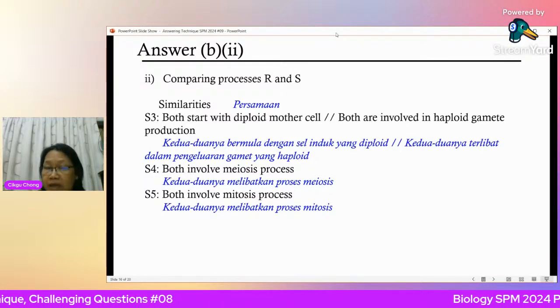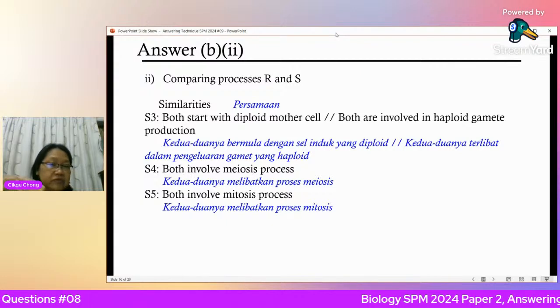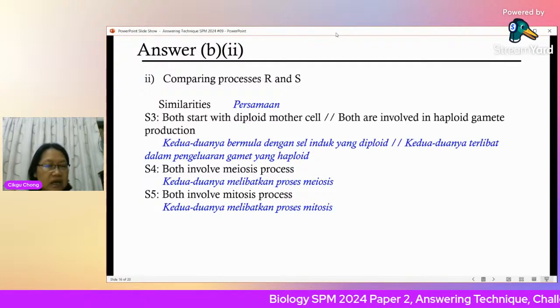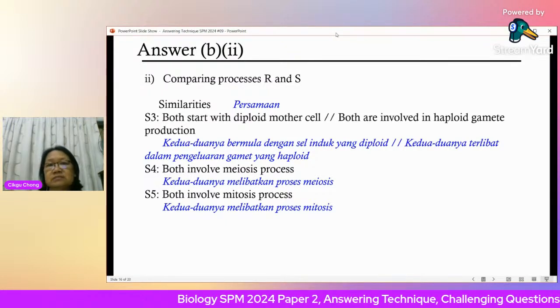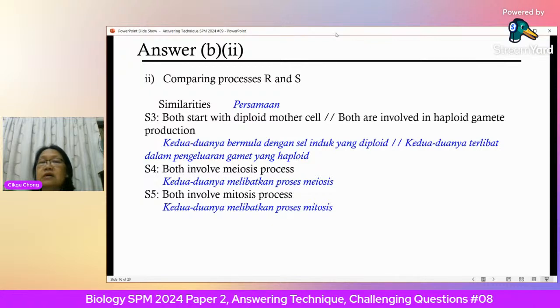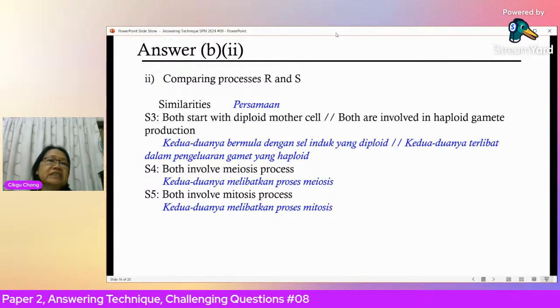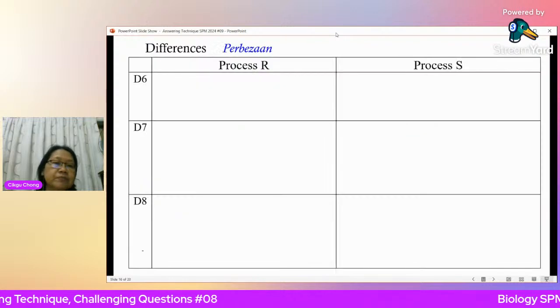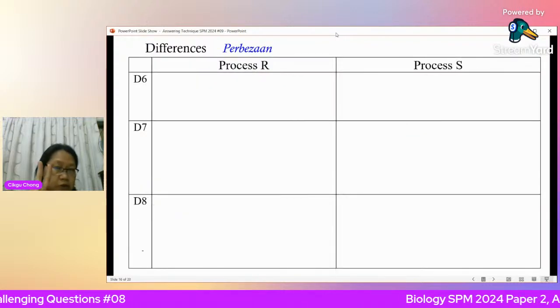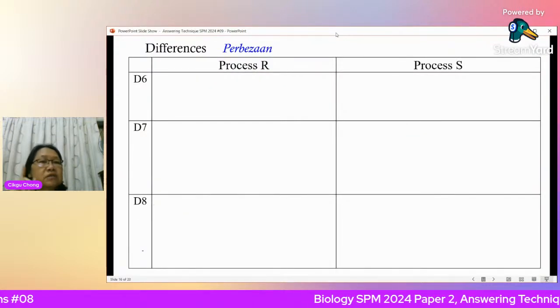For the male, it divides only one time, whereas for the female, it divides 3 times. It undergoes 3 times mitosis. So you need to know your facts. If you do not know your facts, definitely cannot write. Please revise this now. So any one or two, at least one similarity.